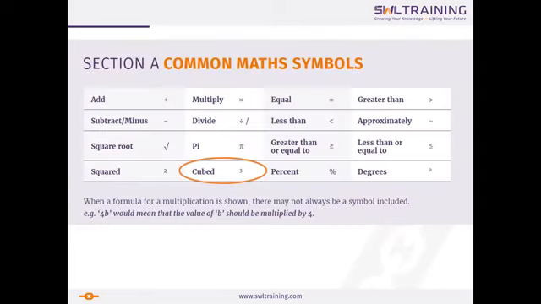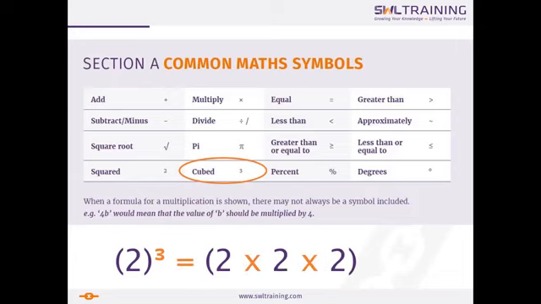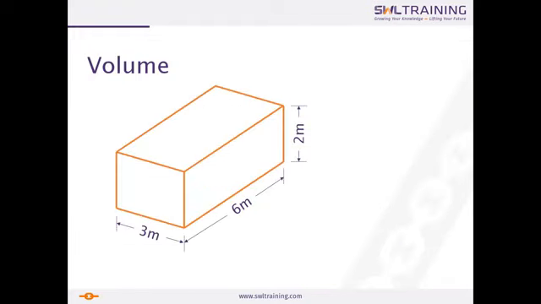On to cubed then, which is the small 3 symbol. This means you're multiplying the figure by itself and then again. So 2 cubed would mean 2 times 2 times 2. 2 times 2 is 4, and then multiply again by 2, that gives us 8. This is commonly used with volume.